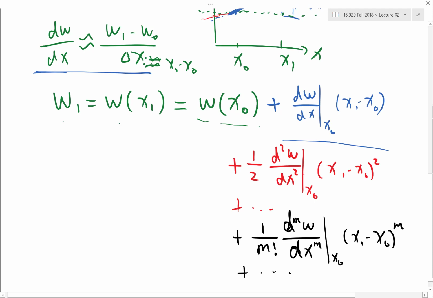So if I add infinitely many terms onto it, it's going to be exactly equal to w1 for all analytic functions, which encompasses a lot of functions. It's basically most of the functions you can write out are analytical functions, right? You can construct a lot of pathological cases where this doesn't converge, but almost any functions you write out are analytical functions.